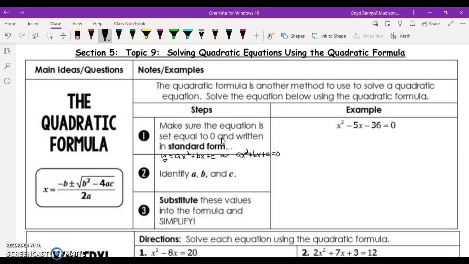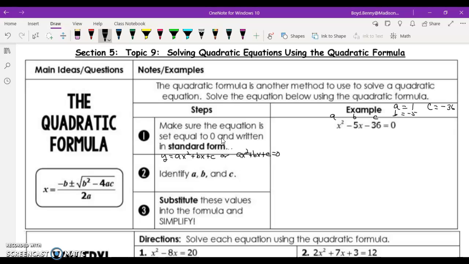We see that this equation's already in standard form, and it's set equal to 0, so we need to identify our a, b, and c. So in this equation, we can see that a equals 1 because the coefficient of x squared is 1, b equals -5, and our constant c, it's not a coefficient because there's no variable there, our constant c is -36.